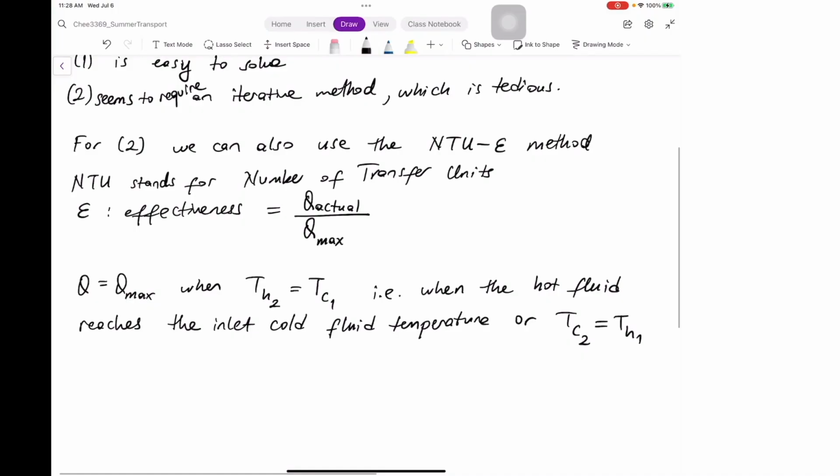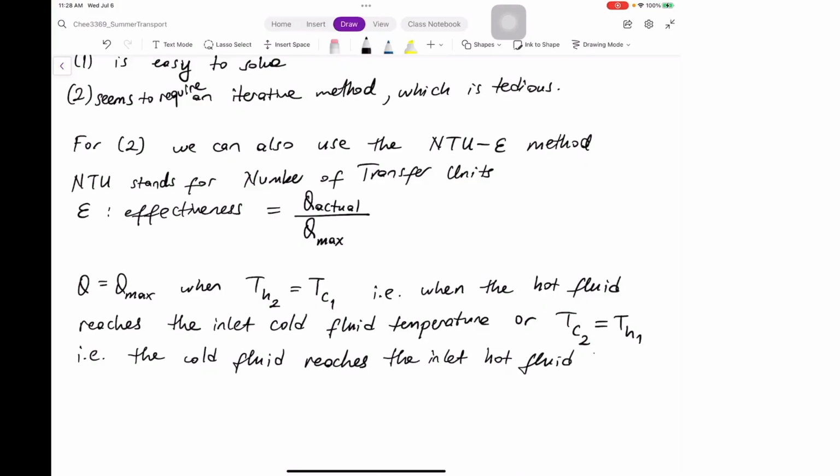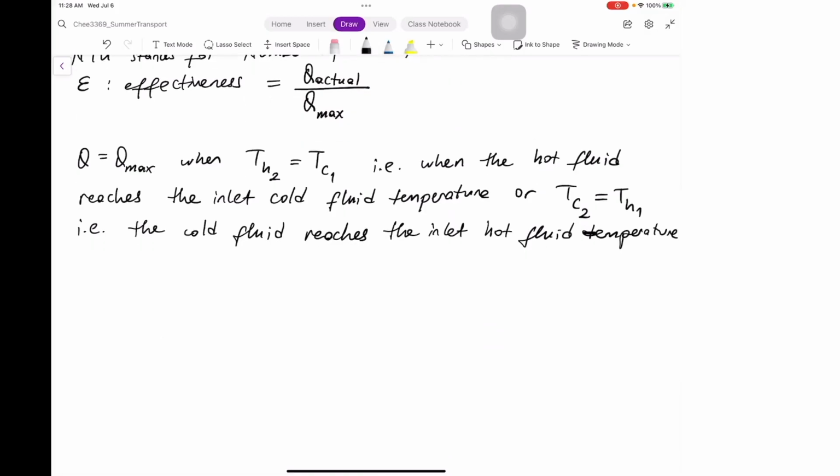In other words, the cold fluid reaches the inlet hot fluid temperature. Okay, but which one is the one that we're going to take into account?